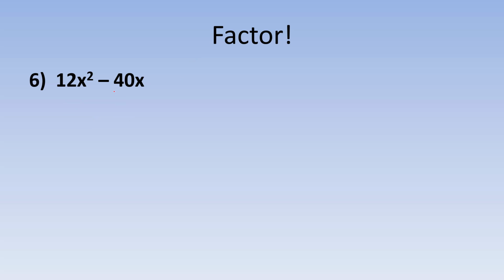All right, welcome back. We can see that we have an x in both terms, so x is going to be part of our factor. 12 doesn't go into both terms evenly, but it looks like 4 would go into both terms evenly, so let's try 4x.